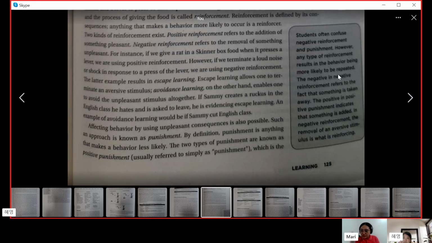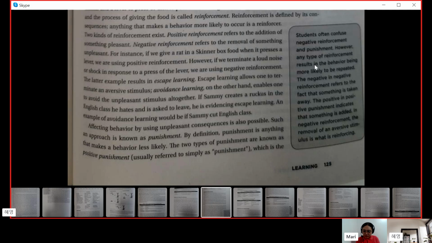Students often confuse negative reinforcement and punishment. However, any type of reinforcement results in the behavior being more likely to be repeated. And the negative in negative reinforcement refers to the fact that something is taken away.